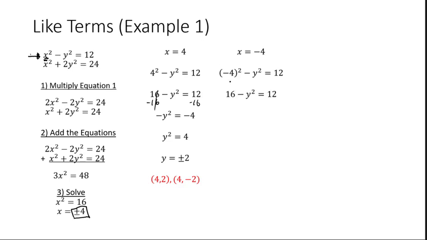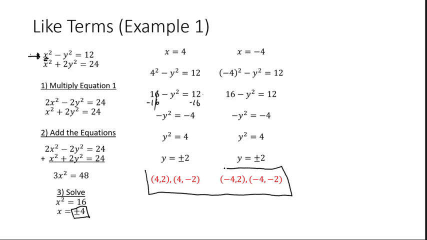Negative 4 squared is 16, and everything is the same from here on out, so y equals plus or minus 2, just like the other one. So with x equals negative 4, y is positive 2 or negative 2. We have two ordered pairs here as well: negative 4, 2 and negative 4, negative 2. So we have 4 intersection points, 4 different answers.